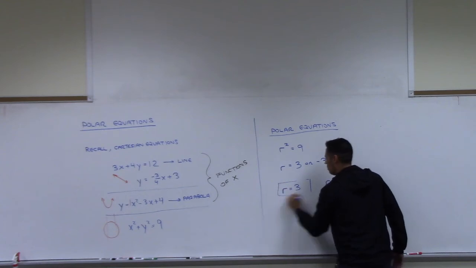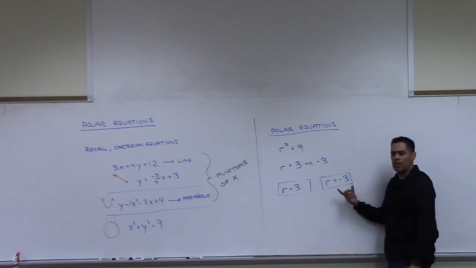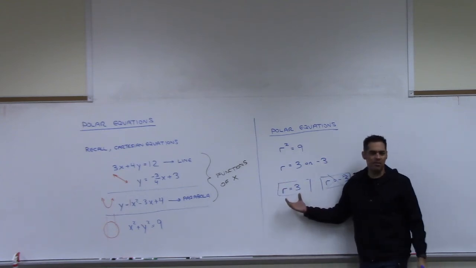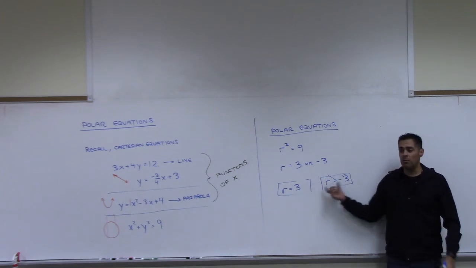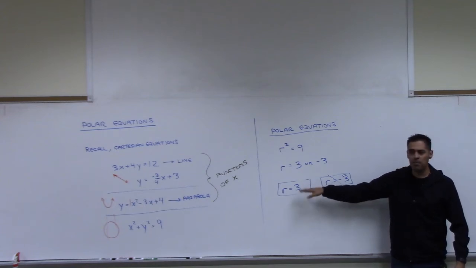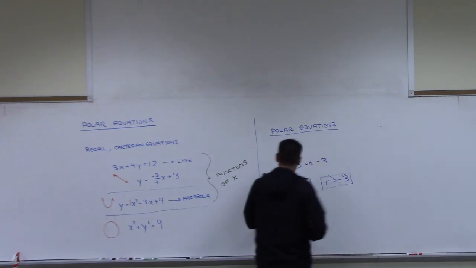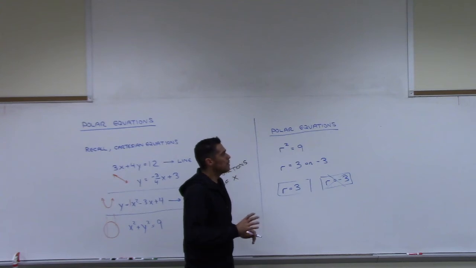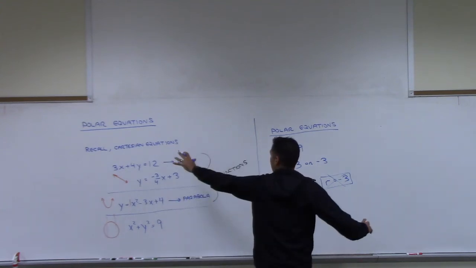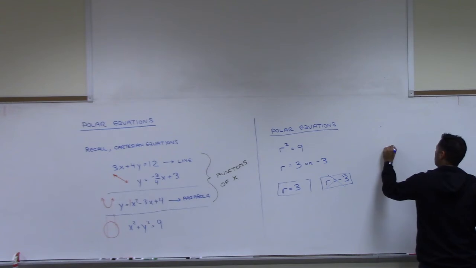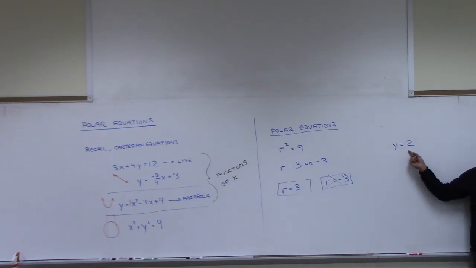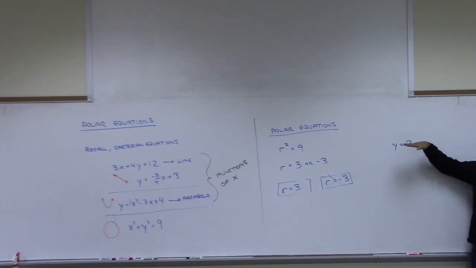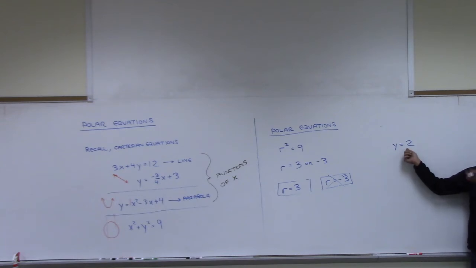Here they are. Now the one that we would normally use is this one, because when we talk about polar, we usually like our radius to be positive. But either one of these would work. And what you need to understand with this polar equation is, do you remember in Cartesian, if I wrote y equals 2 and asked you to graph this as a line, you would say it's a horizontal line up 2, because you're letting x be anything, right?